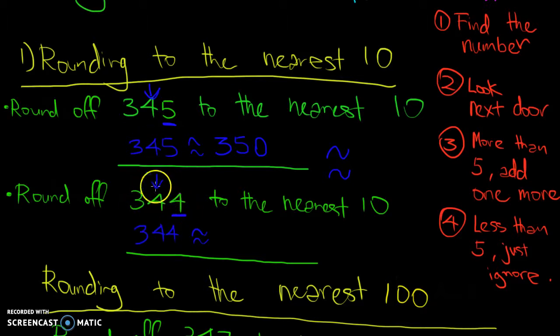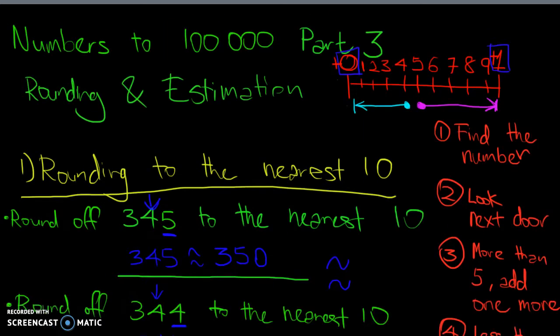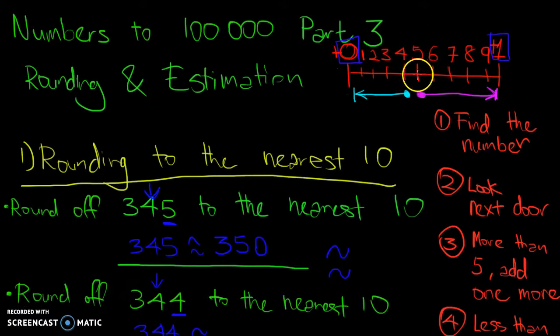So 344, this is Mr. Important. Find the number, look next door. If it's 5 or more, you add 1 more. Is this 5 or more? It's not. It's less than 5, which is 4 or less. Remember this scale: as long as it's 5 including 5 or more, you add 1 more.